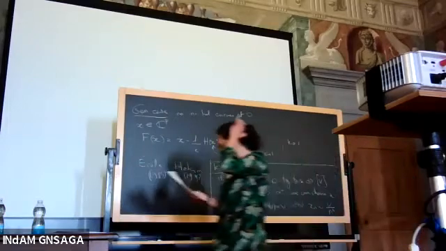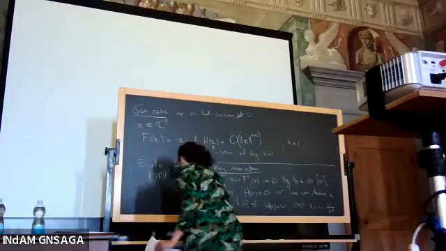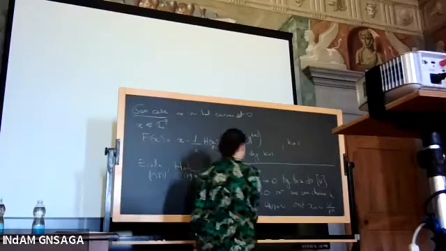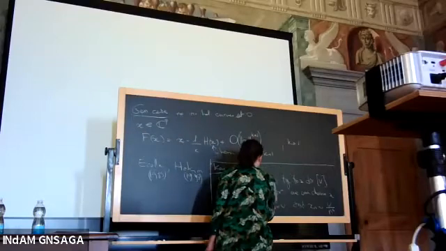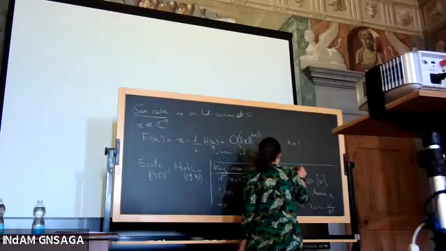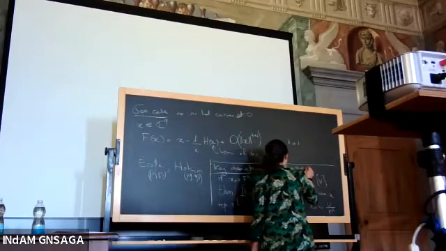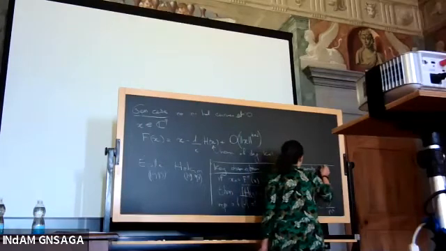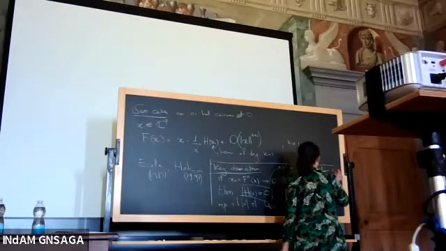Okay, so I'm going to use names for these. If we are in the first case, we say that v is a degenerate characteristic direction.